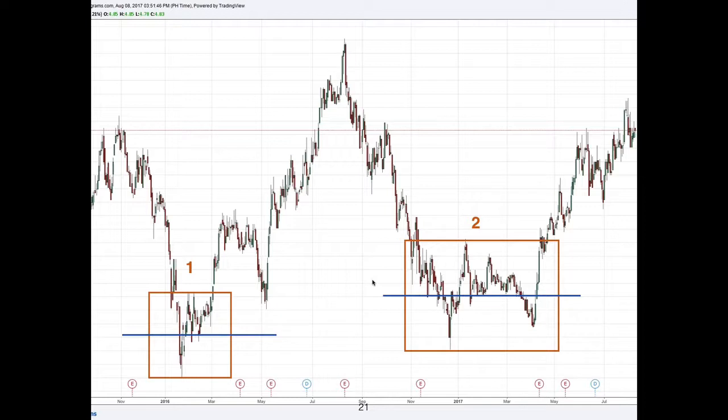This consolidation above the midline was a signal that the breakout was likely to happen. Notice that there are many more candlesticks on top of the midline in number 1 and in number 2. Therefore, this is more bullish than bearish, even if prices try to break down at this area.